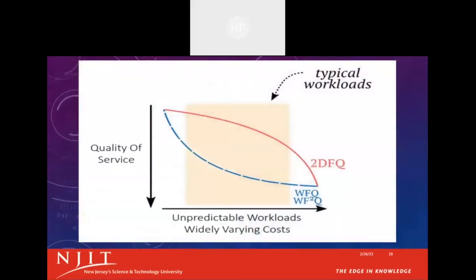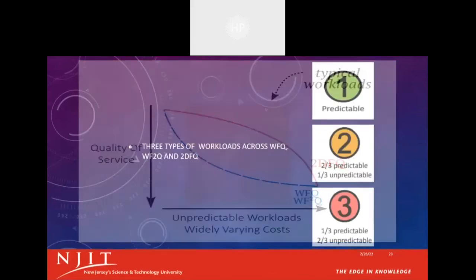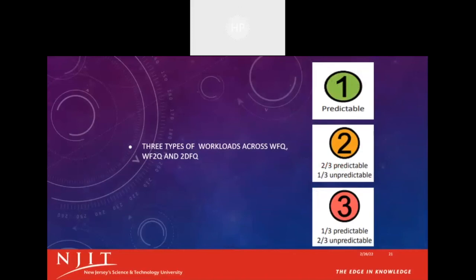Now let's expand on this example and look at one final experiment to see how things deteriorate when costs are not actually known upfront. With reference to the figure we saw earlier, we are going to run three types of workloads. The first workload will be relatively predictable, with 300 tenants and the same setup as the last experiment.